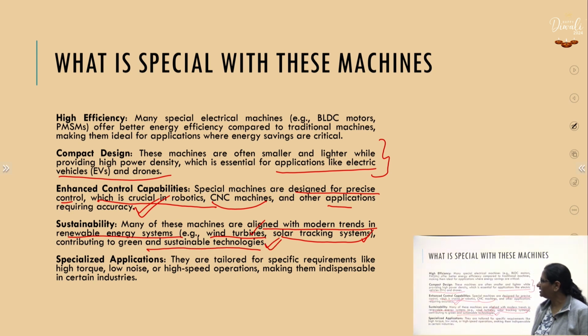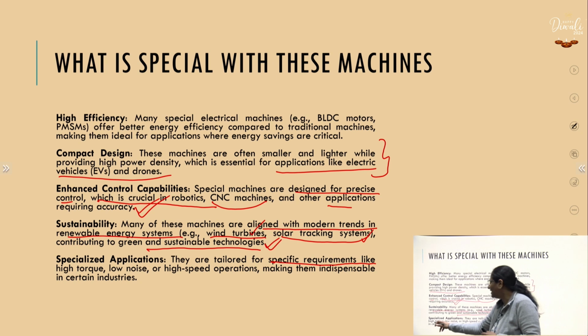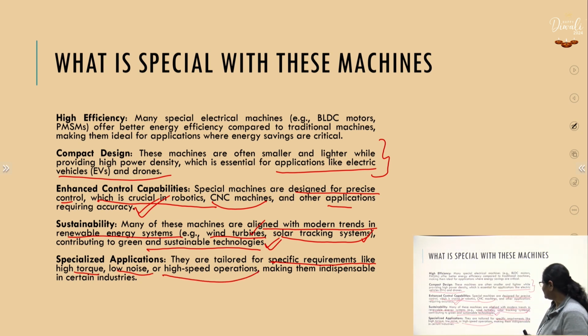So in that way, it can be said that these machines are aiding in sustainable development or the energy transition. Specialized applications. They are tailored for specific requirements. They are specially constructed for specific requirements like high torque, low noise or high speed operations, making them indispensable in certain industries.